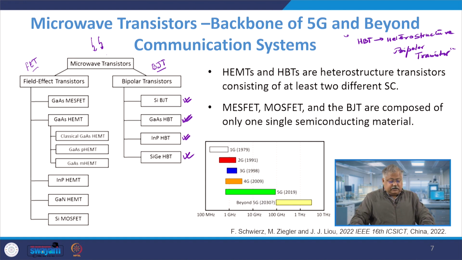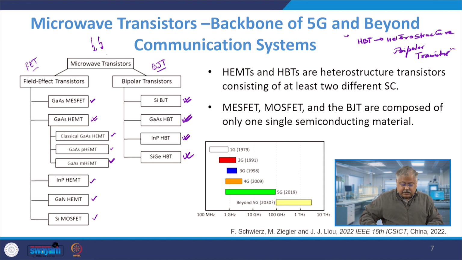Within the field effect transistor, we have gallium arsenide MESFET, metal semiconductor field effect transistor. This is basically a Schottky sort of contact which you get. Then you have GaAs HEMT, or gallium arsenide HEMT, within which we have classical HEMT, and P type and N type HEMT based on GaAs. Then you have indium phosphide, gallium nitride, and silicon MOSFET, of course.